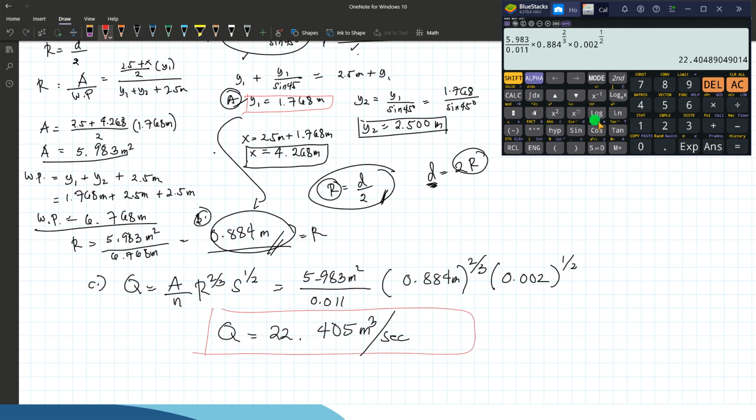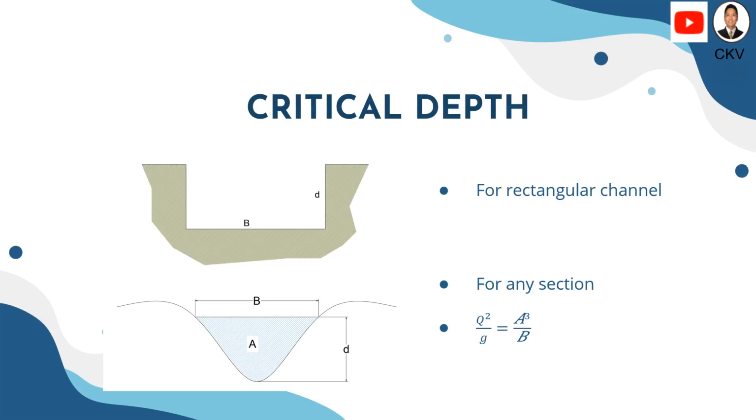Okay, before we proceed to the last problem, let me give an additional formula for critical depth for a rectangular channel. The critical depth is the cube root of q squared over g. Also, it is equal to 2/3 of the total specific energy on that rectangular channel, 2/3 h.